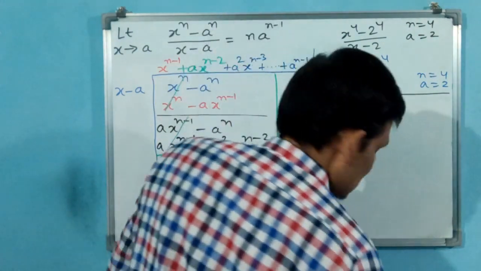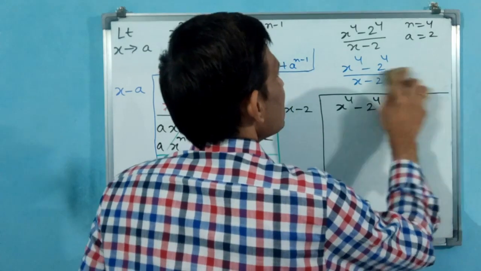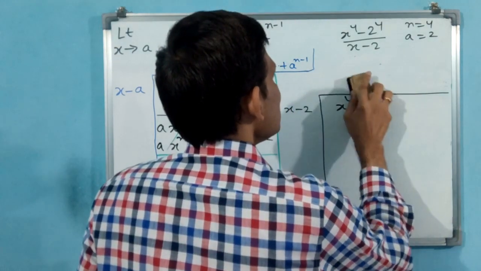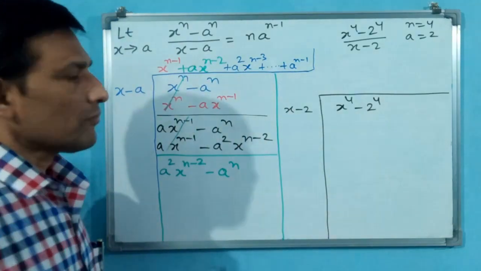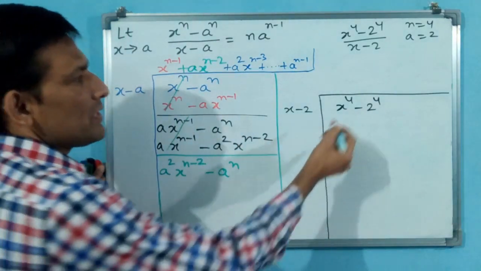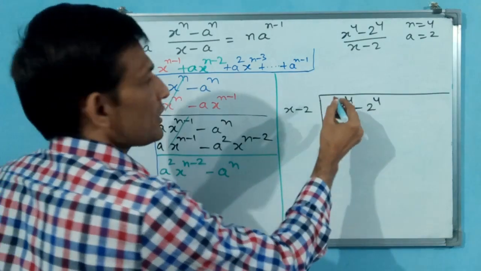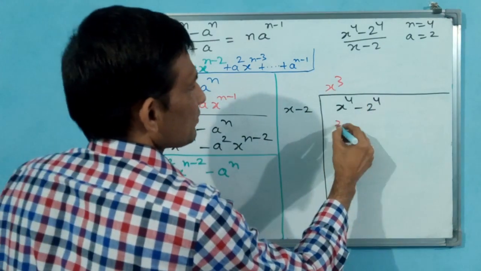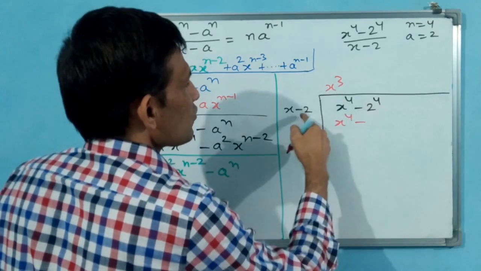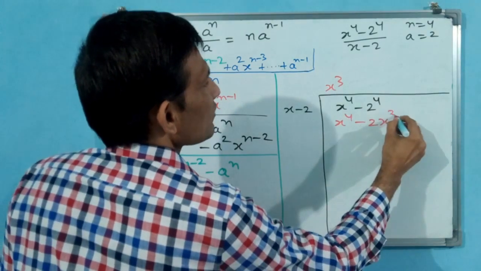Let us do this. As usual, x power 4 has to come, means x into x cube you have to write. X cube into x is x power 4, but minus 2x cube also will come.